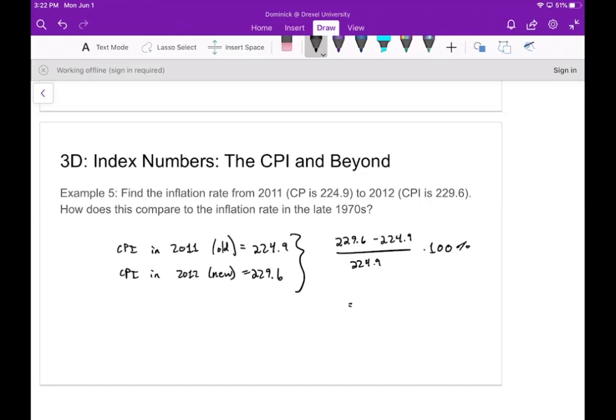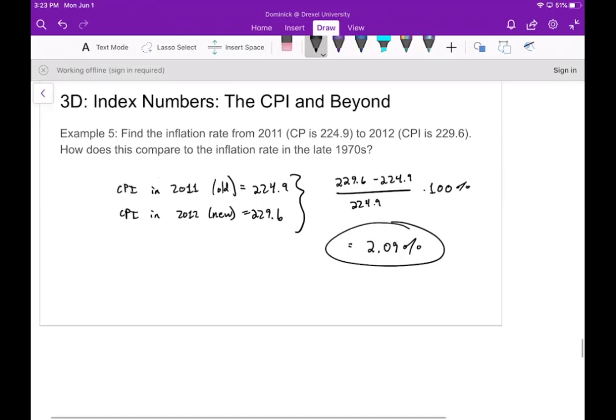We'll let the calculator do the work on this. So I need 229.6 minus 224.9, and then divide that by 224.9. If I multiply by 100, we're going to get 2.09%. So the inflation rate for these two years is 2.09%.